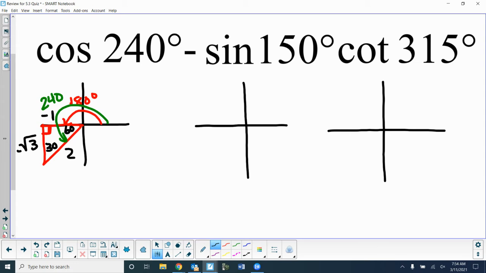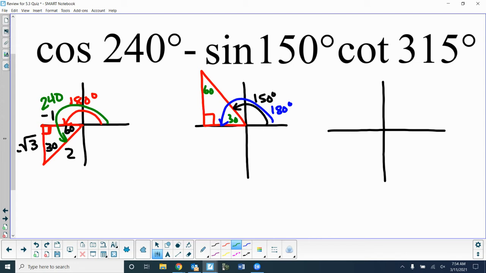Okay, on this one, 150, there's 90, there's 180. That's between 90 and 180, so this triangle is in the second quadrant. From here to here is 150. From here to there is 180. You subtract 150 from 180, so this is a 30-degree angle.